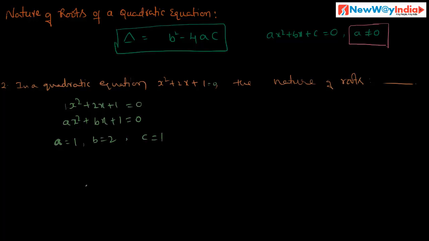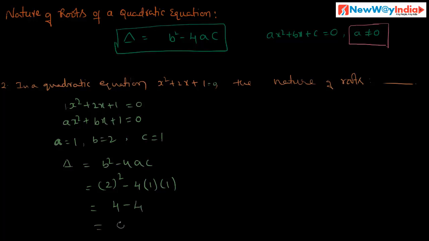So now what is the discriminant? The formula is delta is equal to b square minus 4ac. If you substitute those values, b is equal to 2, so 2 square minus 4, where a is equal to 1 and c is equal to 1. Now 2 square is equal to 4 and 4 into 1 is 4.